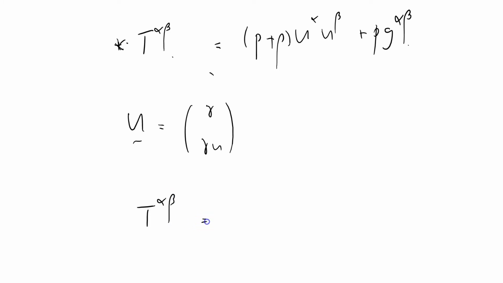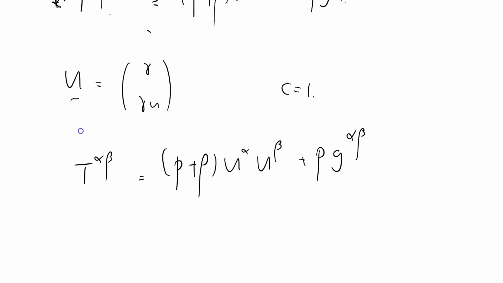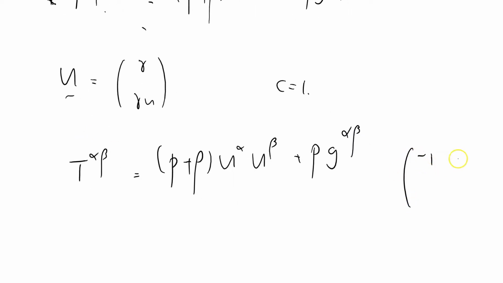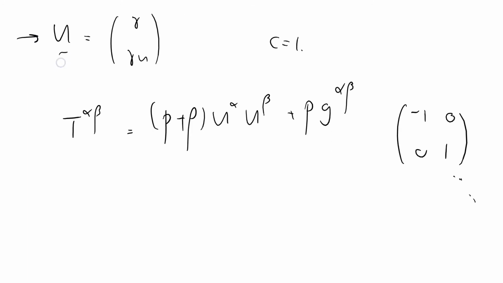T alpha beta equals (p plus rho) u alpha u beta plus p g alpha beta. Observe I'm still setting c equals 1 here. And I'm going to work in flat space where g alpha beta is just that. Of course, I'm suppressing the other coordinates here. So that's my version of u here. And so what does that turn into?